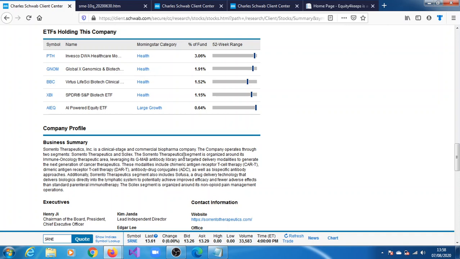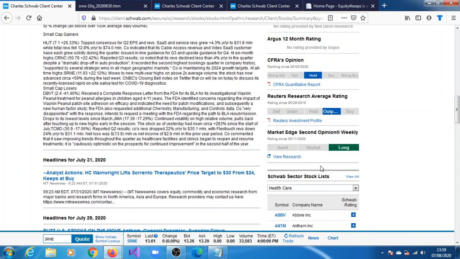The Sorrento Therapeutics segment is organized around its immuno-oncology therapeutic area, leveraging its G-MAB antibody library and targeted delivery modalities to generate the next generation of cancer therapeutics. These modalities include chimeric antigen receptor T-cell therapy, CAR-T. So we don't need to read all that for you.